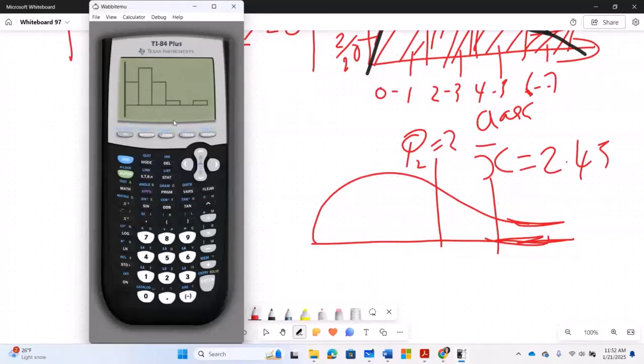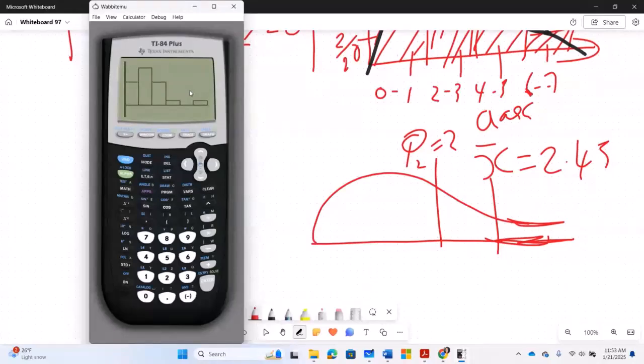Remember, I asked for 4 classes, but I have 1, 2, 3, 4, actually almost 6 classes here. This class has no members. But I need to fix the histogram that is drawn with my calculator so that it will look like the one I drew by hand.